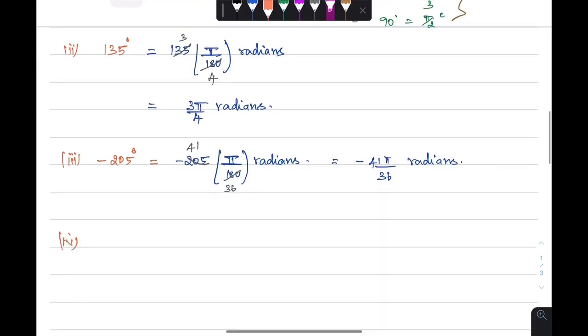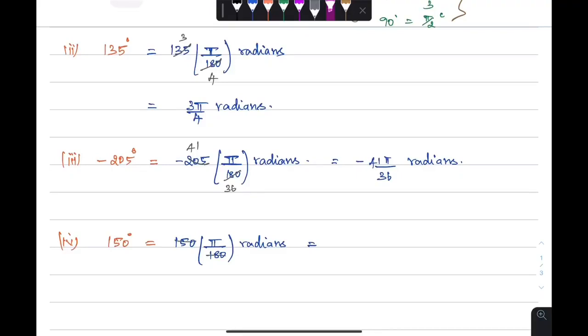Now let's quickly do the fourth question. So what's the fourth question? 150 degree can be considered as 150 into pi by 180 radians. So which can be simplified as, okay, I'll leave it to you, children, you do it. By now you could have done it.